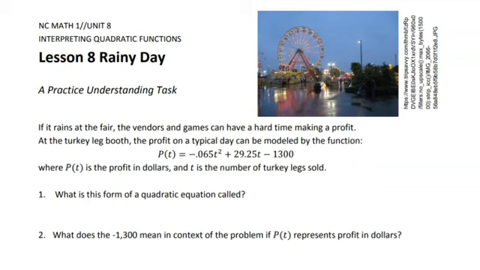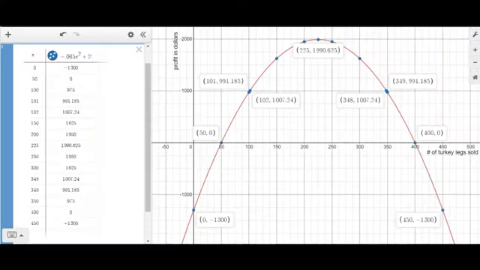So if P(T) represents the profit in dollars, and that's our y-intercept, we know that our function would be crossing the y-axis at negative 1300, which means we would have negative $1,300 profit. That would be the expense of running the turkey leg booth prior to us selling any turkey legs.